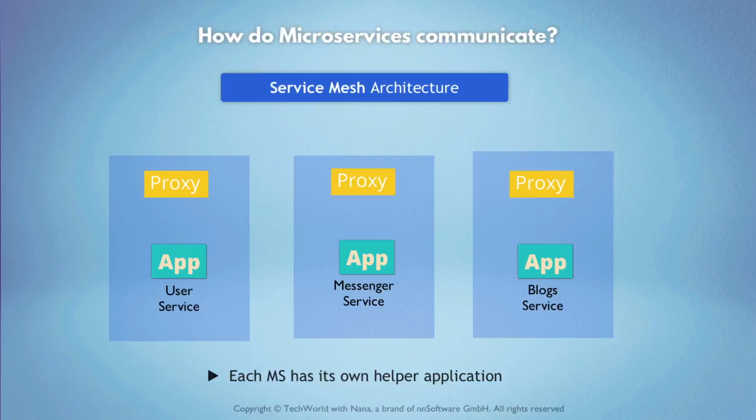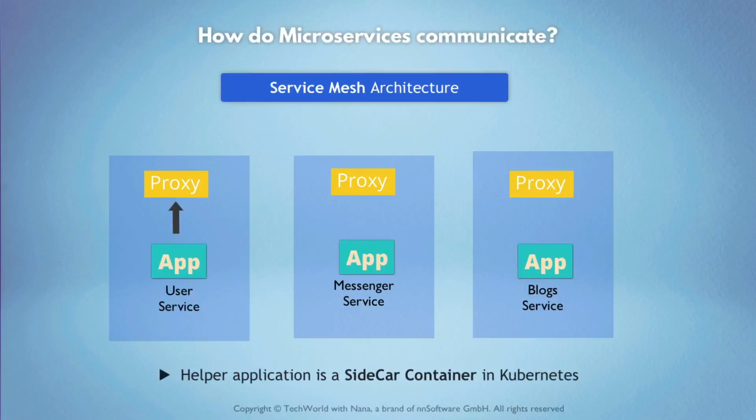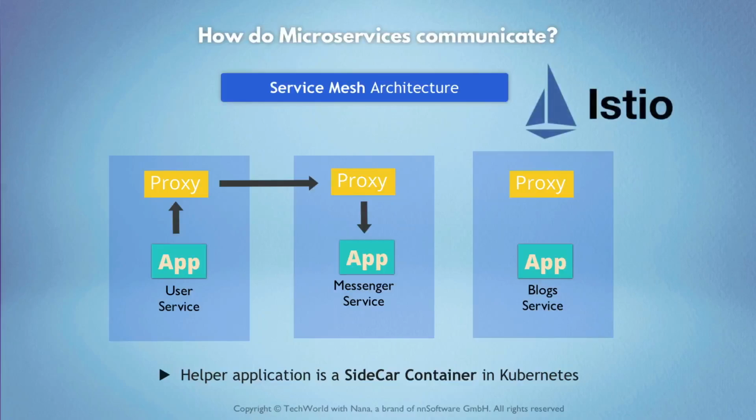So the user account microservice says, hey, my helper program, can you deliver this request to the messenger microservice? And the helper program, or in the Kubernetes world, a sidecar container, will then send it and deliver it to the helper program or sidecar of another microservice. And one of the most popular service meshes currently is Istio.